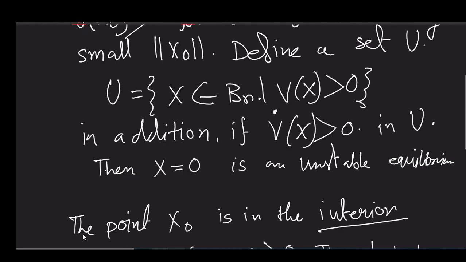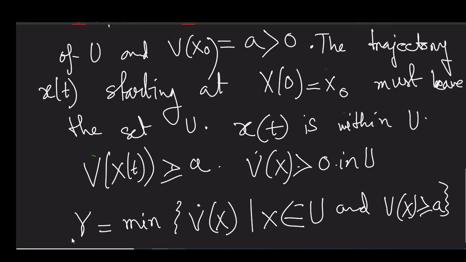Obviously if you have a doubt regarding the existence of such a minimum, we can show that gamma will always exist because V dot x is a continuous function over this U, and if you have noticed, by construction, U is a compact set. What is the notion of a compact set? Closed and bounded.